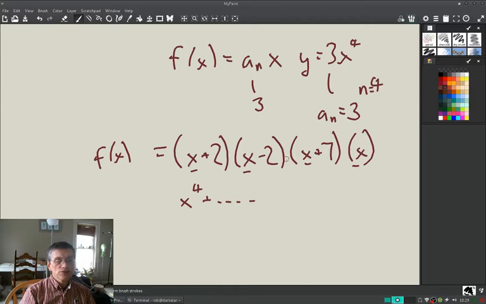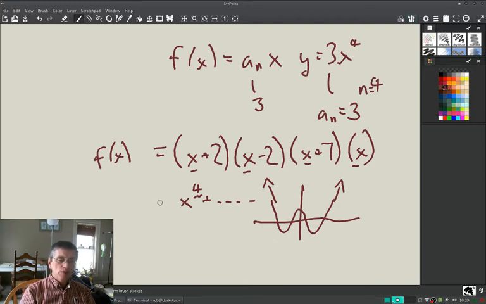There's no coefficient on these, which is kind of nice. So we know this goes to positive infinity in both directions, and it has at most 3 turning points. 4 minus 1 is 3 turning points. So it's the big W of x to the 4th.